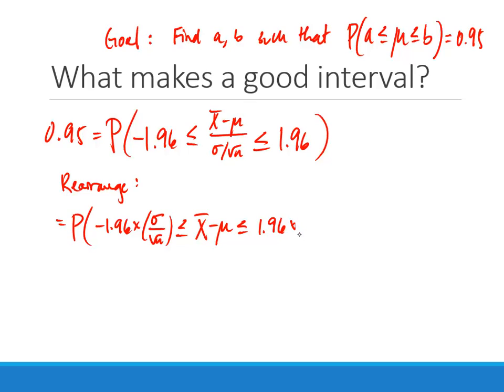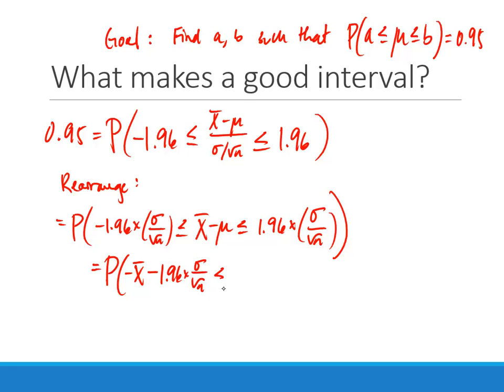Okay, we're almost there. I've got to get rid of the x bar in the middle, so now we have the probability that negative x bar minus 1.96 times sigma over the square root of n, and a negative mu in the middle.